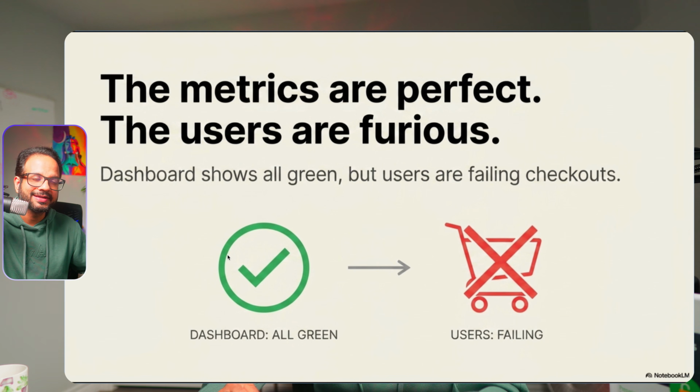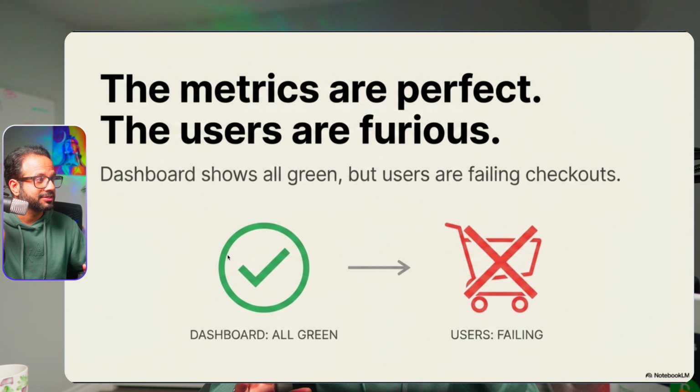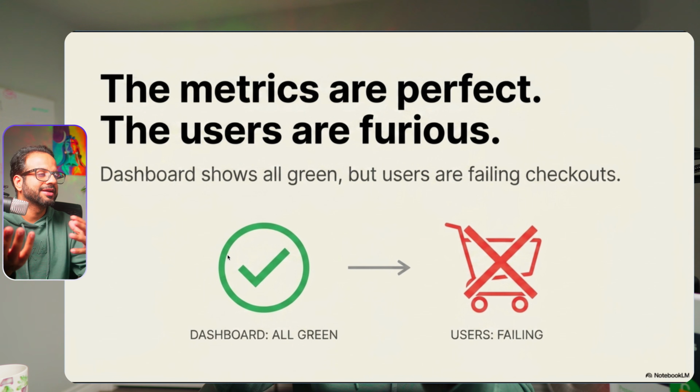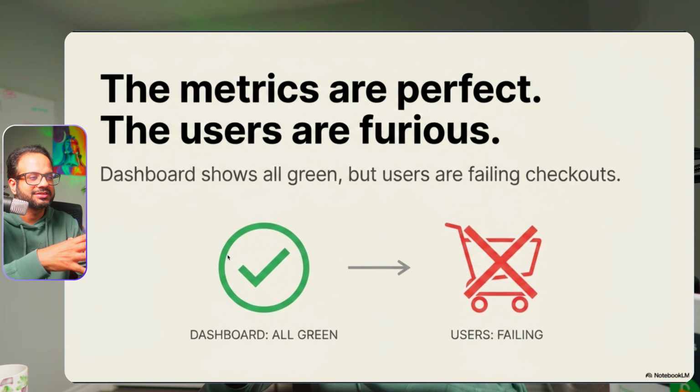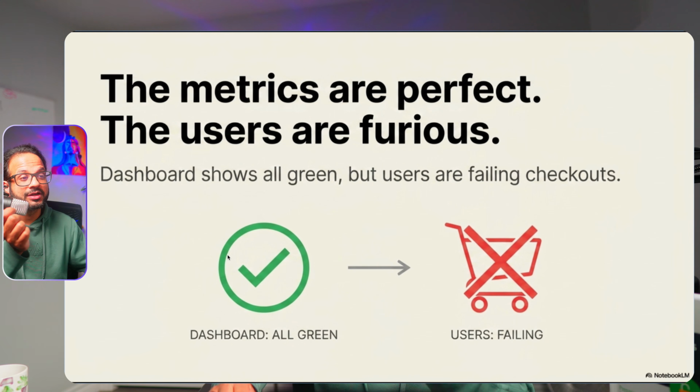Because these metrics that you are using are not perfect. It was perfect a few years back, but with the complexity that we are living in today, it's not perfect. The dashboard shows everything is green, but your users are still complaining that they are failing to use a particular service, such as users failing in the checkout cart or users failing in the payment service. Still on your dashboard, everything looks green.